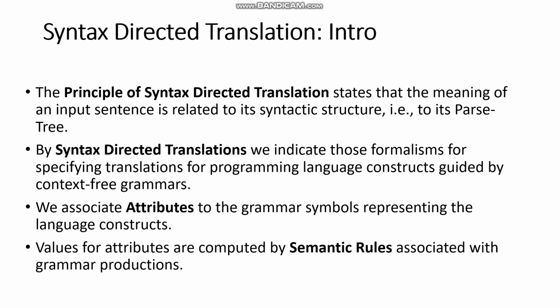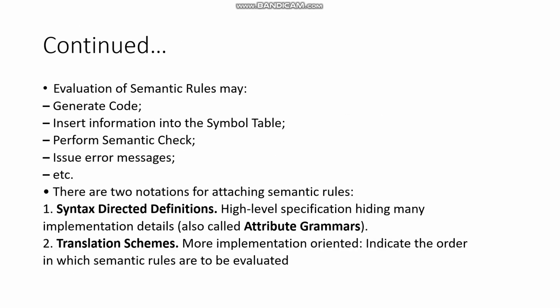Here we are going to associate attributes to the grammar symbols representing the language structure. Let us suppose the values for attributes are computed by semantic rules associated with the grammar productions.